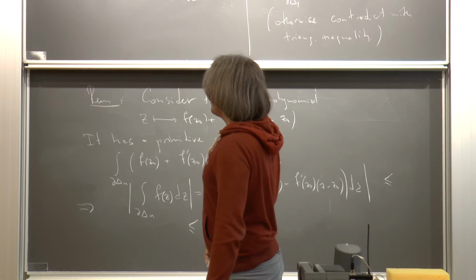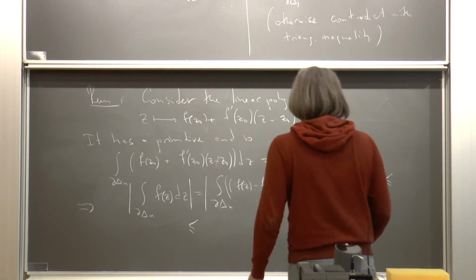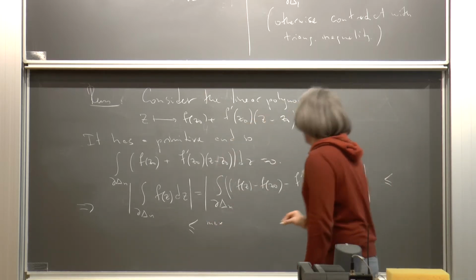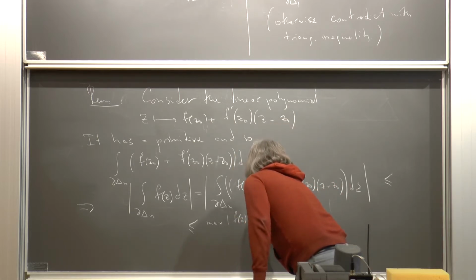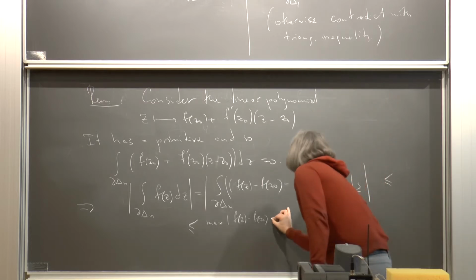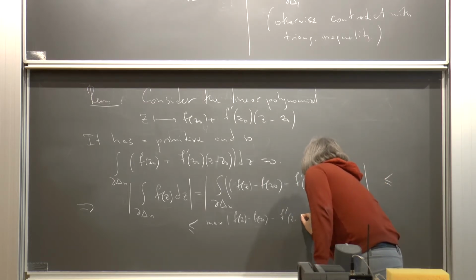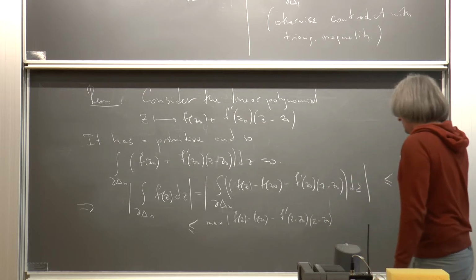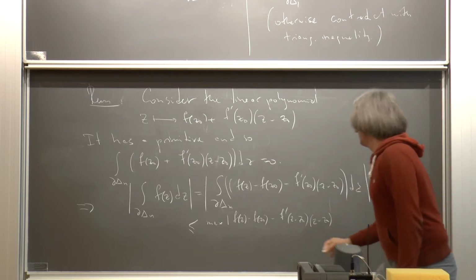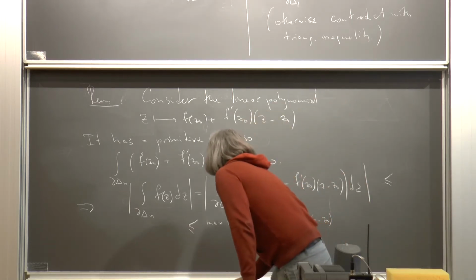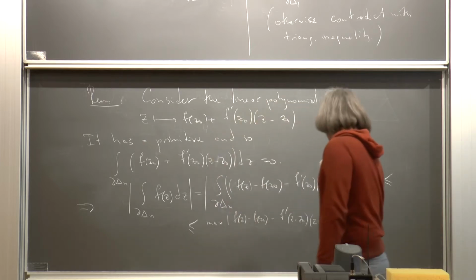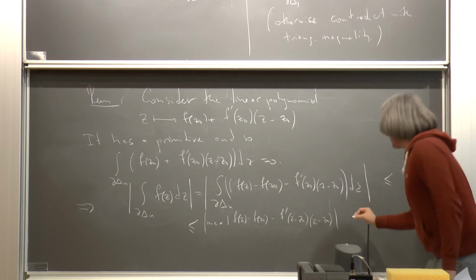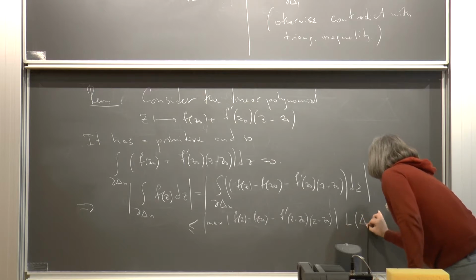The estimate on the function inside gives us this, and the length gives us L of delta n.